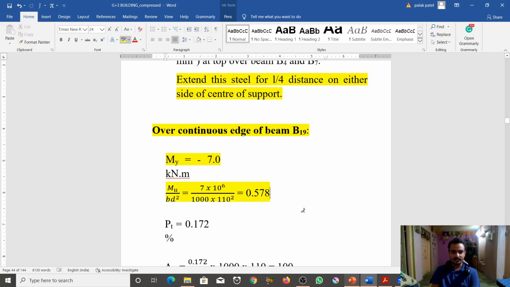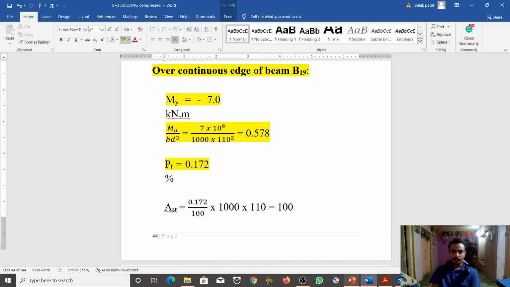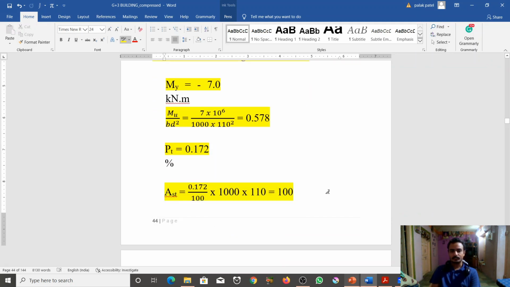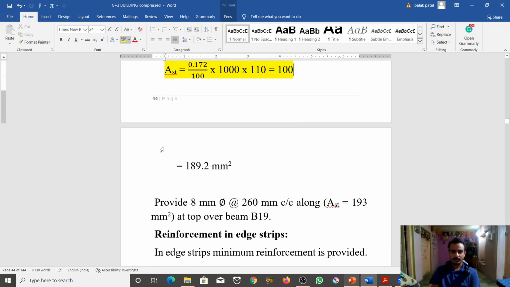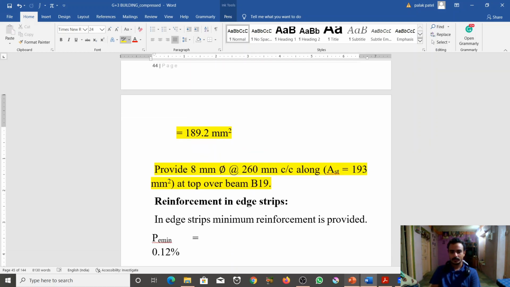So mu upon bd square is 0.578, pt 0.172, capital Ast 0.172 divided by 100 into 1000 into 110. So Ast is 189.2 mm square. So provide 8 mm diameter at 260 mm center to center at beam B9. Reinforcement in edge strips.